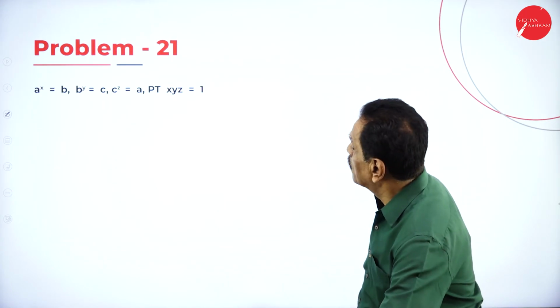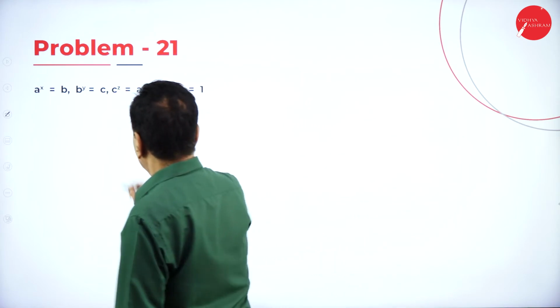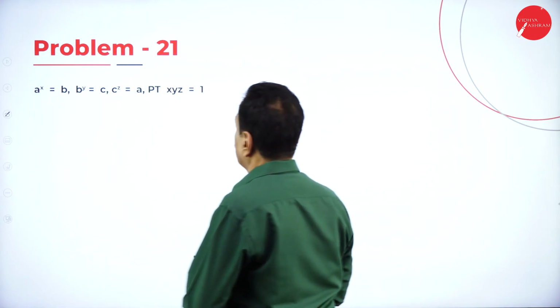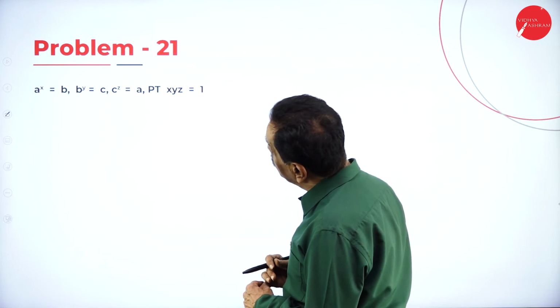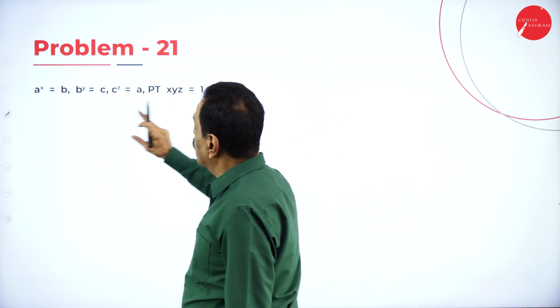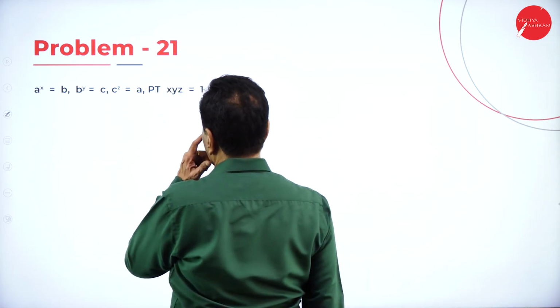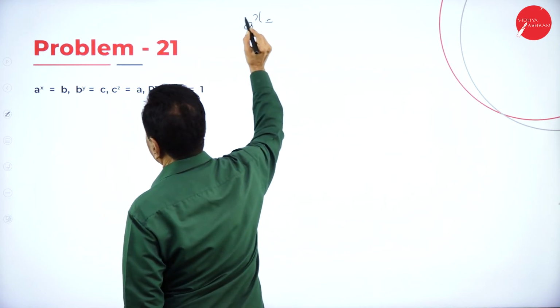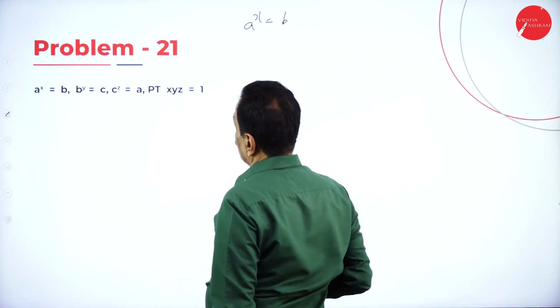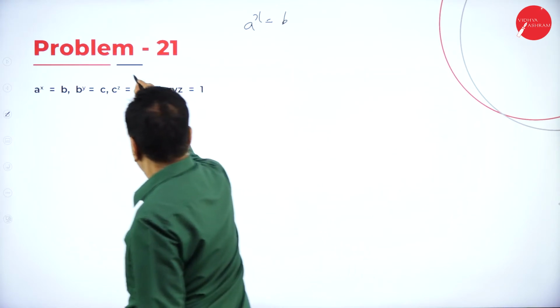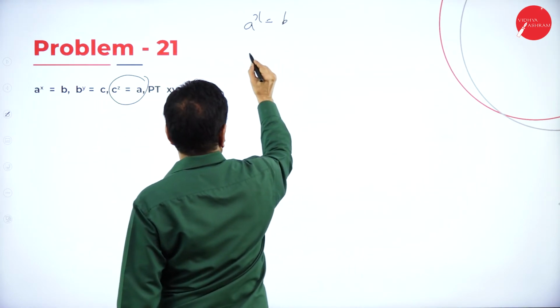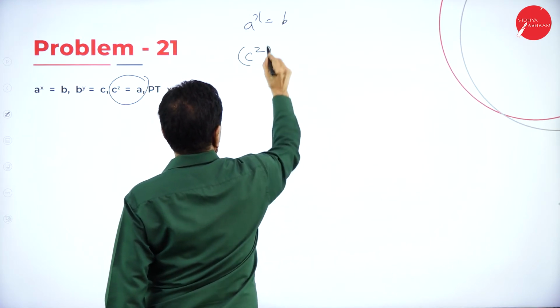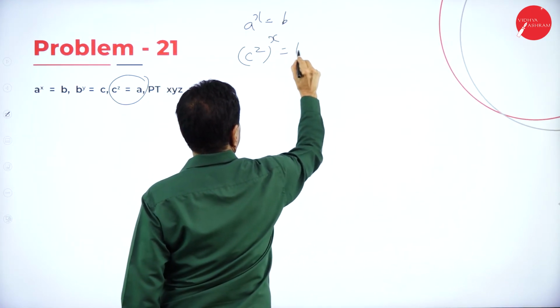The same thing. a to the power of x, b to the power of y, c to the power of z is equal. Prove that xyz is equal to 1. a to the power of x is equal to b. What is a? c to the power of z, to the power of x, is equal to b.